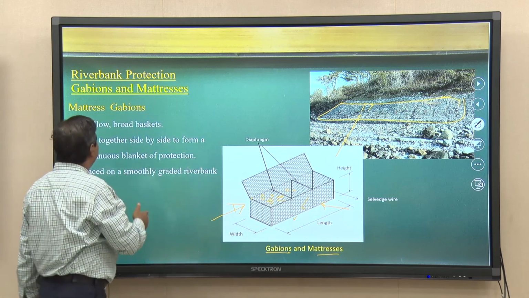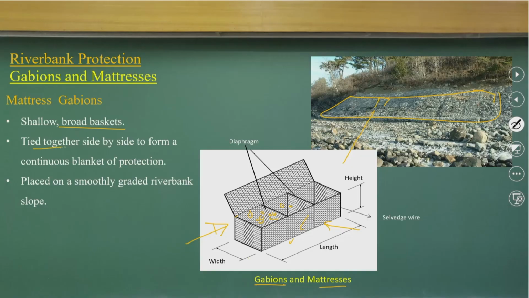So, basically it is wire baskets tied together side by side to form a continuous blanket of protection placed on a smoothly graded river bank slope.